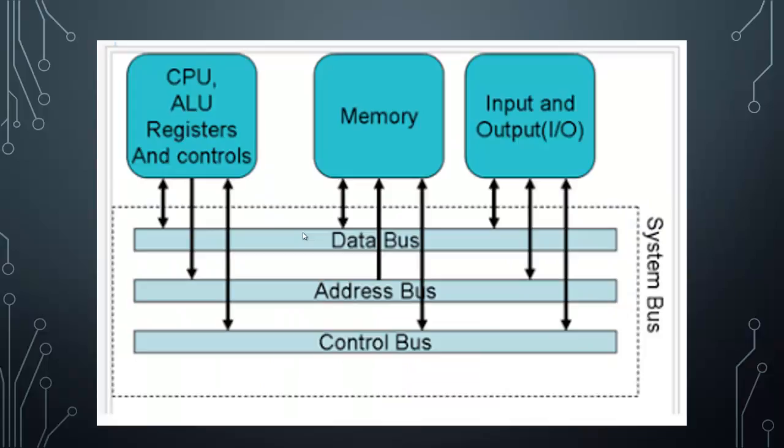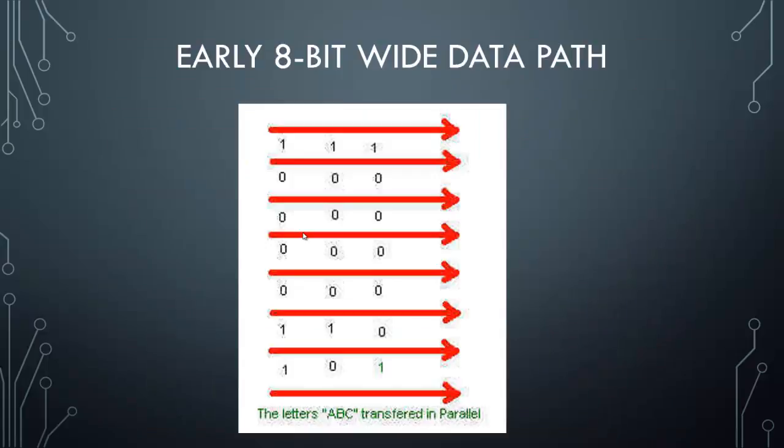Again, everything inside your PC connects on these buses. The bus connects the CPU to the memory, to the input-output, to the video card, all that stuff, and information is all transferred in ones and zeros. Remember, very early computers only had 8-bit wide data paths. The reason for that is 8 bits is a byte, and binary sends everything in bytes.